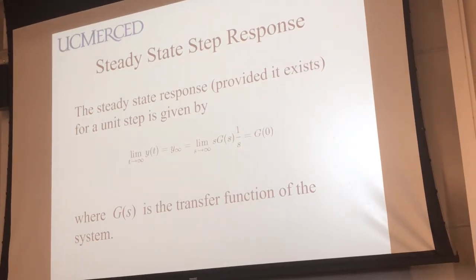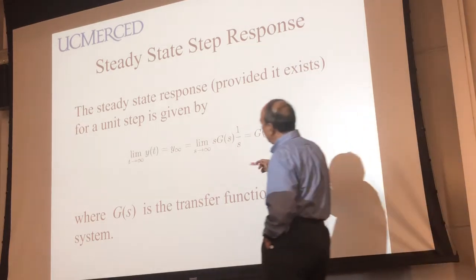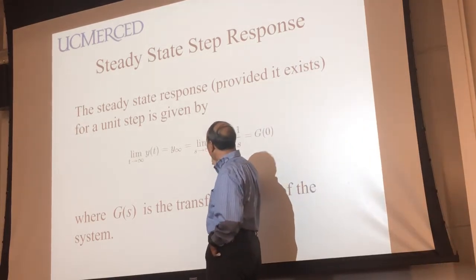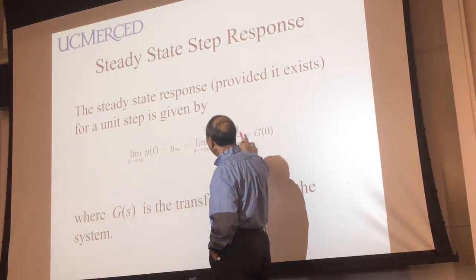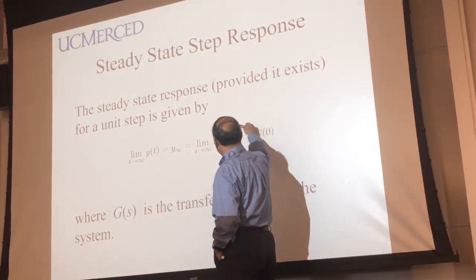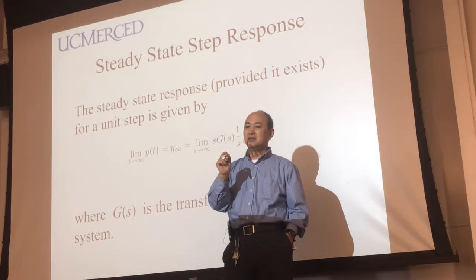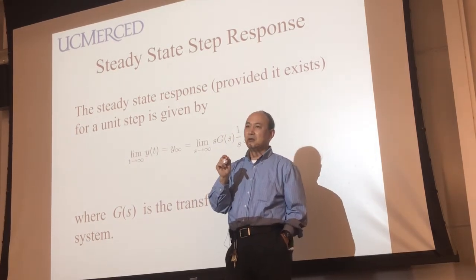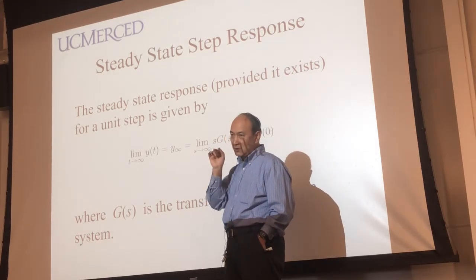So when I send, this is what we call the final value theorem. Did you see anything wrong here? This should be 0, okay? You send S to 0. And the input is a step. For the last quiz, I asked you to derive the Laplace transform of a step function according to the definition.